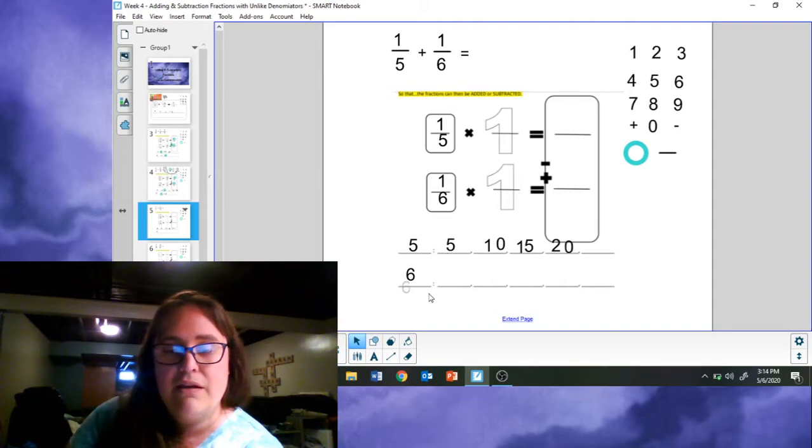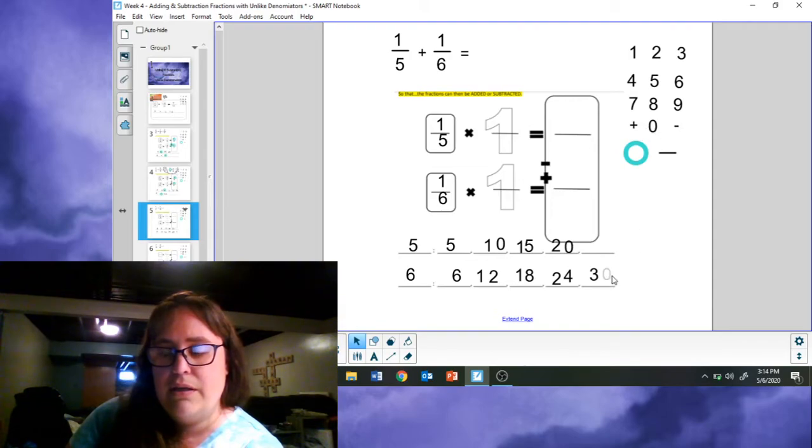Okay. I've got 6. Following that across on your multiplication chart, your next one would be 12. 6 times 3 is 18. And then times 4 would be 24. And then the next one would be 30.